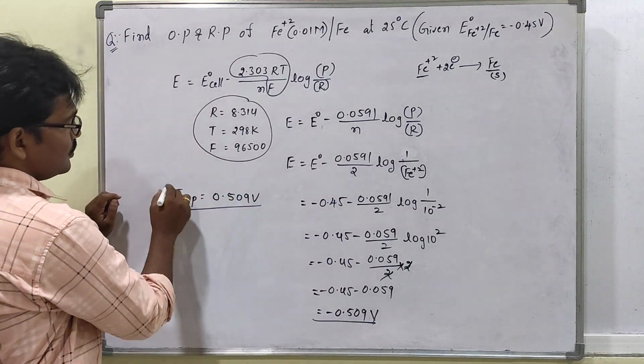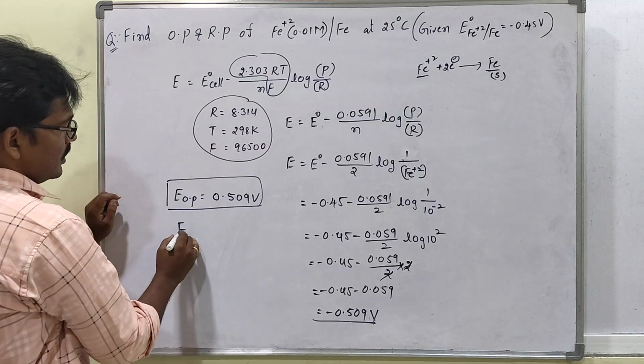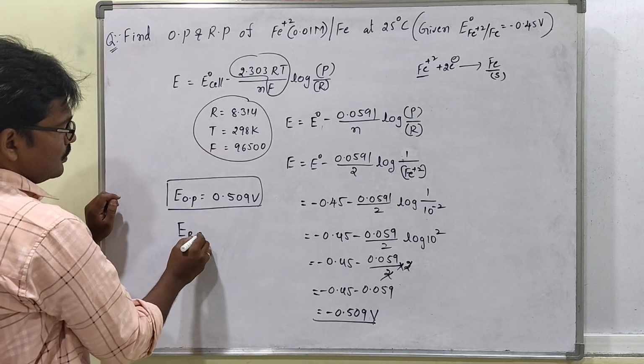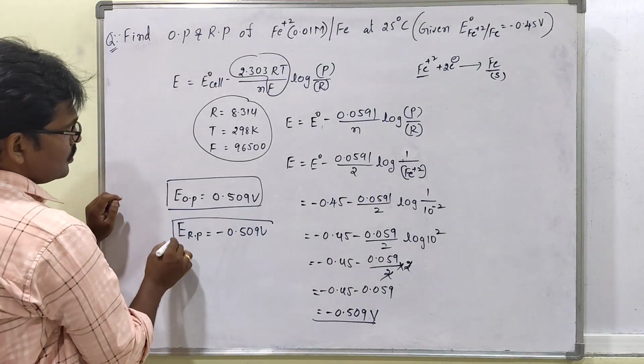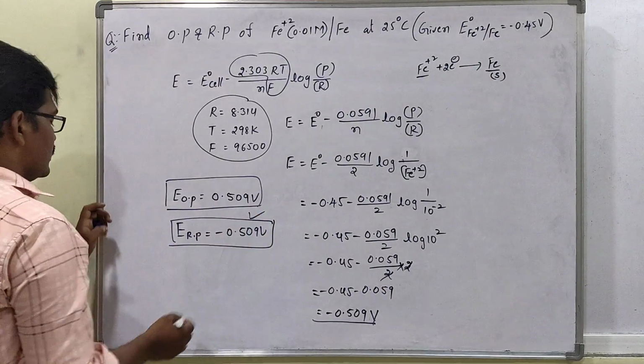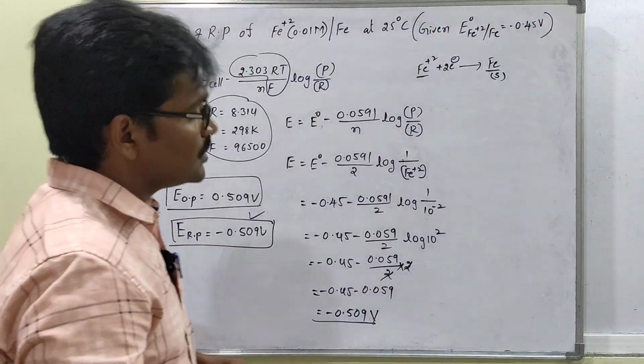You can get it as the oxidation potential value. Then the reduction potential value equals minus 0.509 volts. So that is oxidation and reduction potential value. Such a type of question for another cell we are doing.